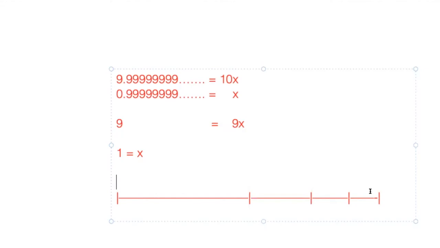So then the question is, where's the difference here? What's different about this? And the answer is the same as up here. This notion that the limit of this, as you approach an infinite number of nines, is 1.